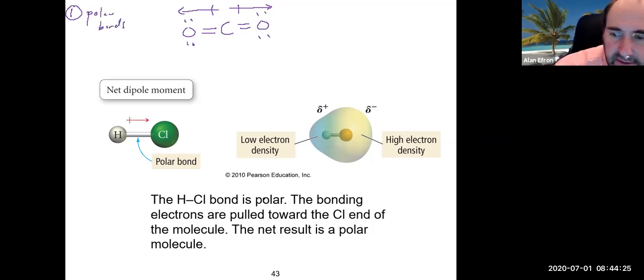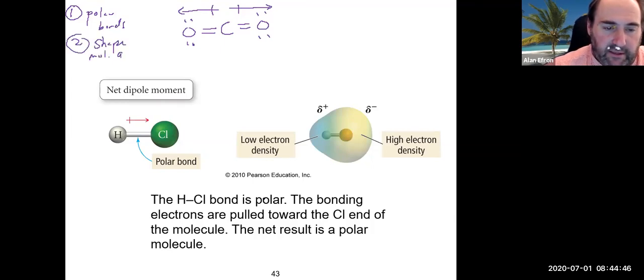So you may say to yourself, well, it makes sense. It's got polar bonds, so probably going to be a polar molecule. And you wouldn't be a little incorrect in that, because the second thing that you have to look at is the molecular geometry or the shape of it, which is again the molecular geometry.